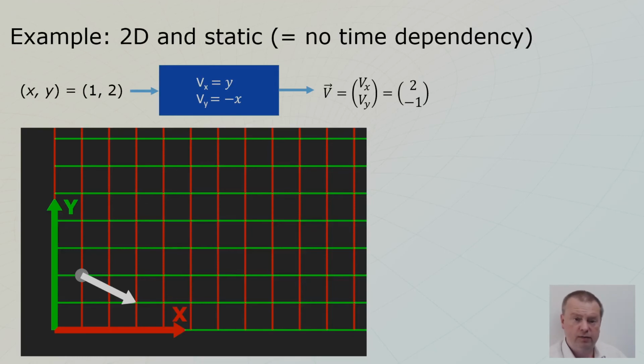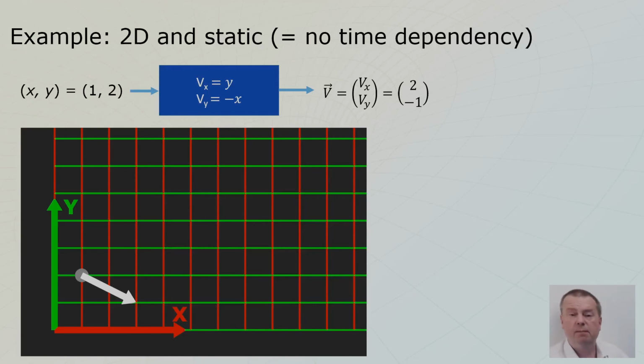Then we draw the vector from that point, and the vector is 2 components. It's 2 steps in the x direction and -1 step in the y direction. So it goes to the right and not up, but down, because it's -1. And there you go. You have drawn and calculated your first vector with a vector field equation.